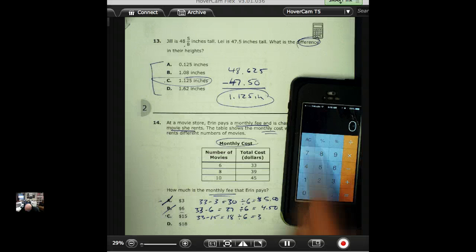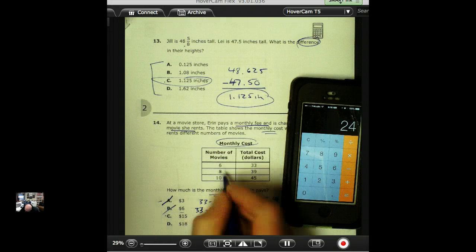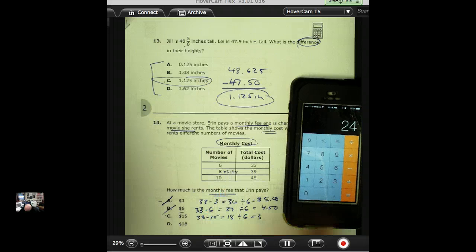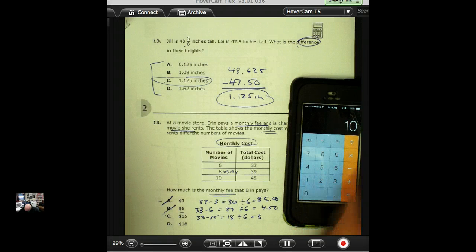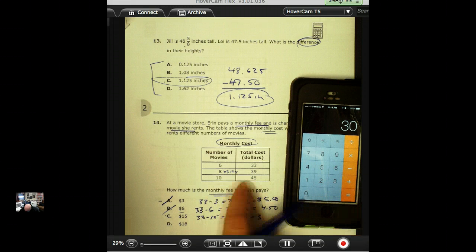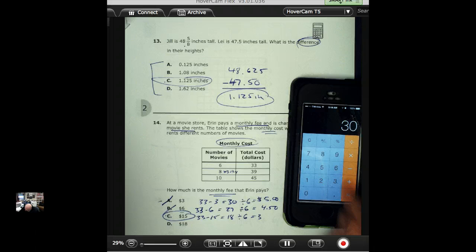Let's try these other ones. 8 movies times $3 is $24, plus the 15, this one's looking good. That's 39. Let's try it for the other one. 10 movies times the $3 would be 30, and then if I added that $15 monthly fee, that too would be $45.